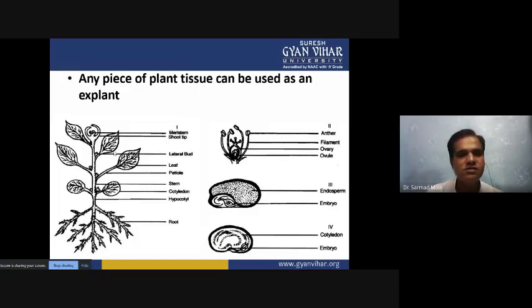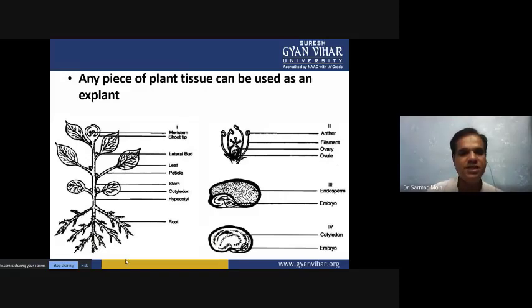Then lateral buds are also there, and root tips also have meristematic cells and tissues. If you don't have an axillary bud, you can take lateral buds or root tips for the separation of meristematic cells and tissues.